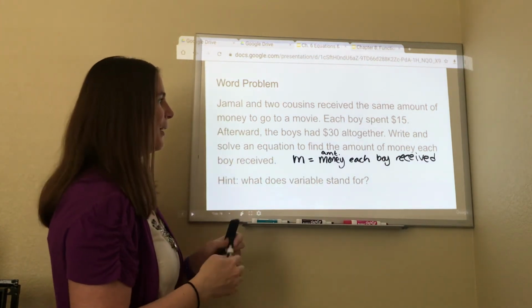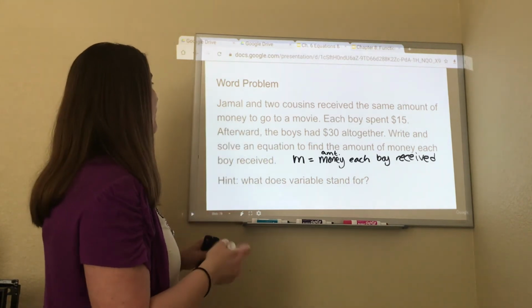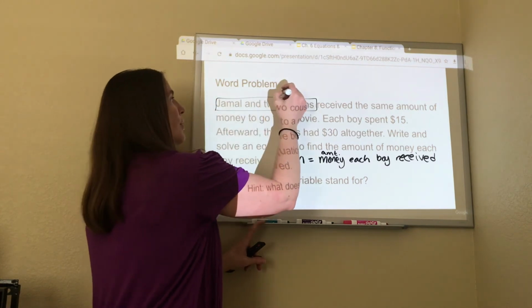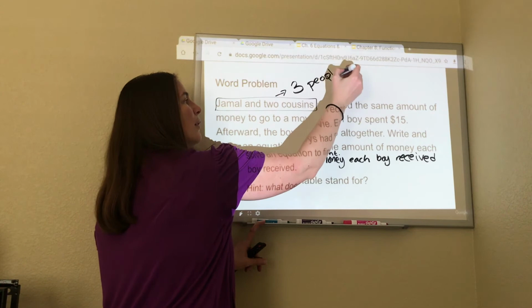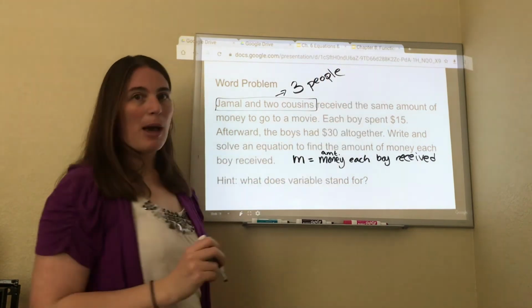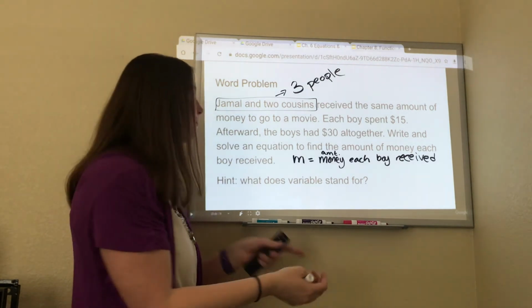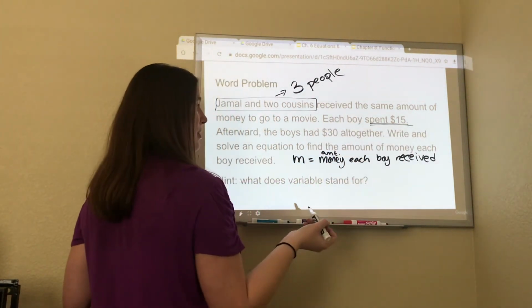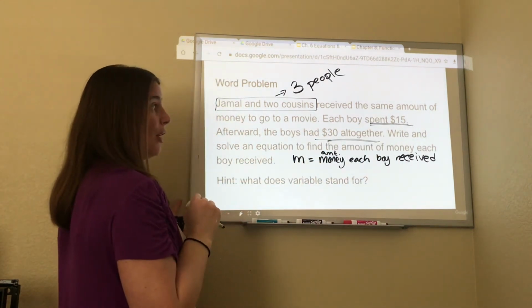Yeah. All right. So now I need to do, so how many people are there? It says Jamal and his two cousins. So there's 3 people. And they received the same amount. So 3 times however much amount, right? But they spent $15, and at the end they had all together $30.